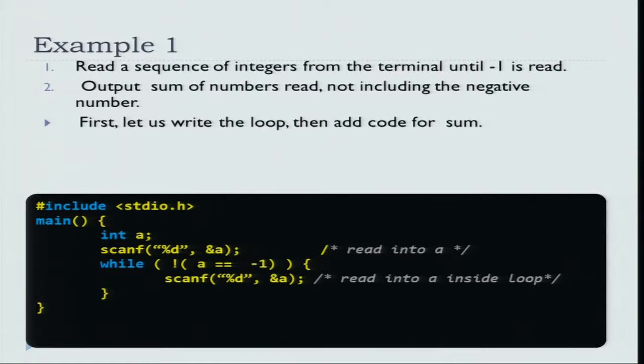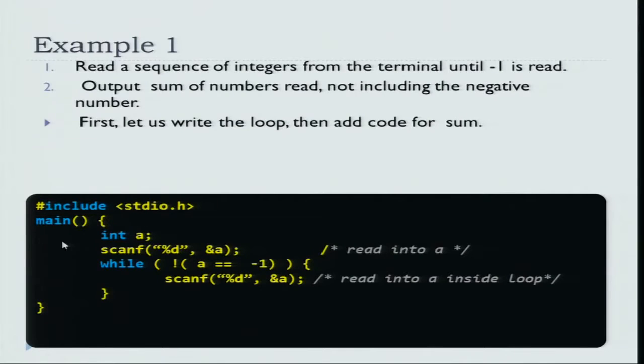Let us first introduce a very simple loop, which will do only the basic thing of reading the numbers until a -1 is encountered. How do you write the loop? You have stdio.h, and then you declare an integer variable and read the variable. This is supposed to be the first number. If that number is -1, then you do not have to read any more numbers.